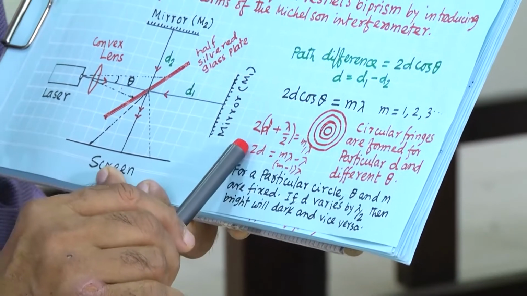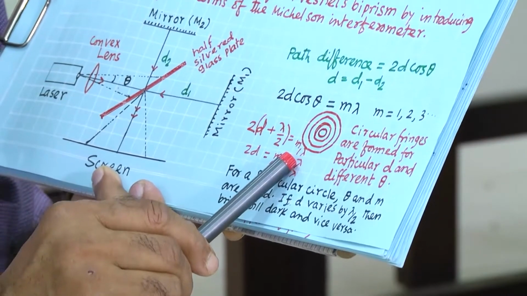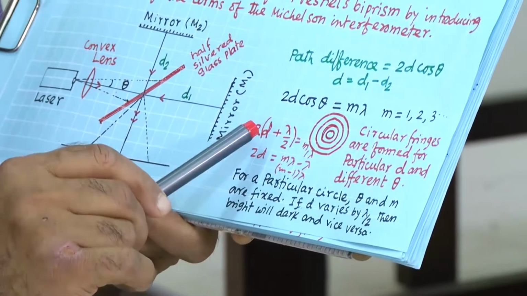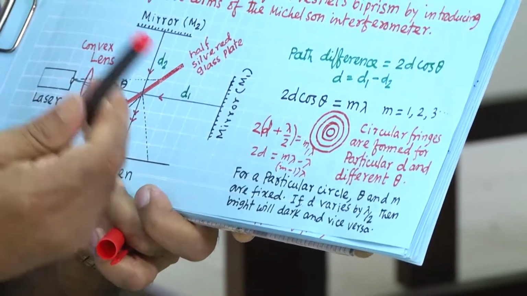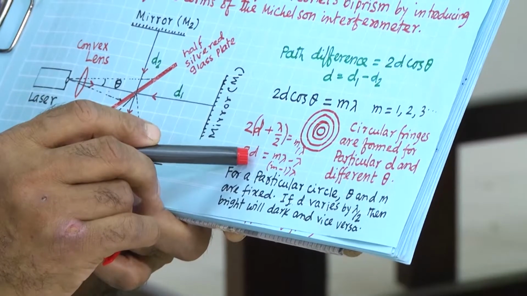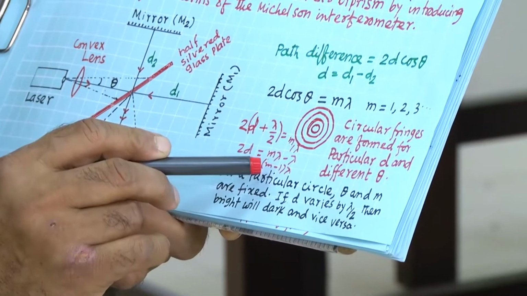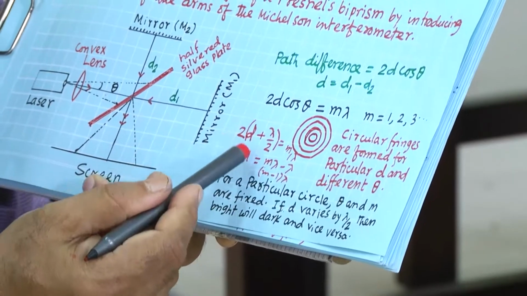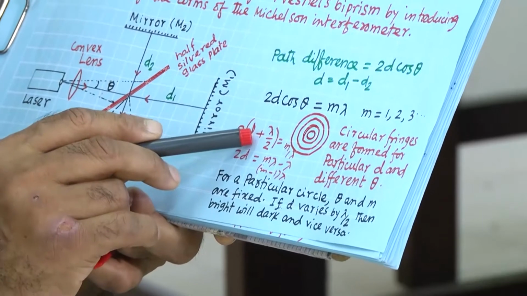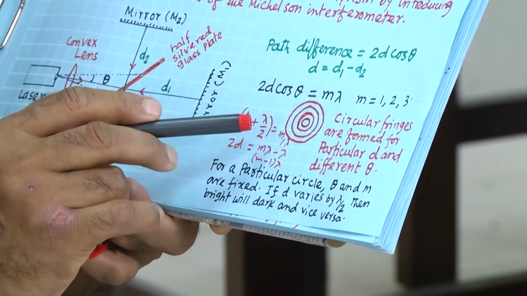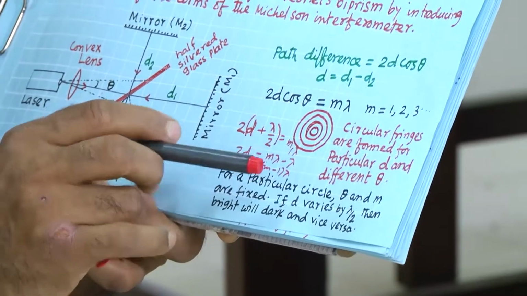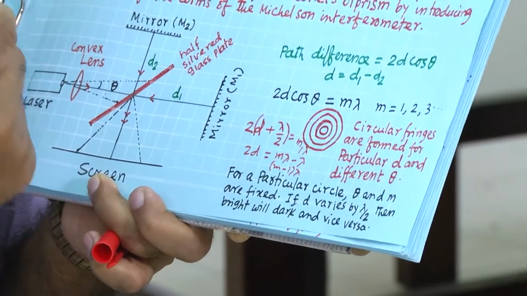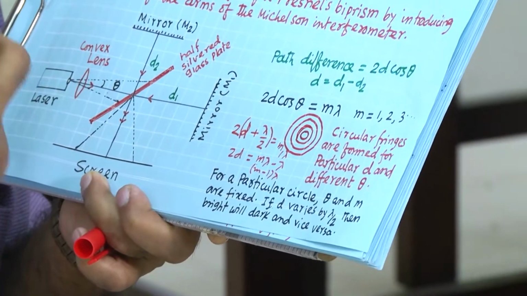For the original D value, it will be m minus 1 into lambda. Now, if you increase by lambda by 2, it becomes m lambda. Okay. So, one order will increase.